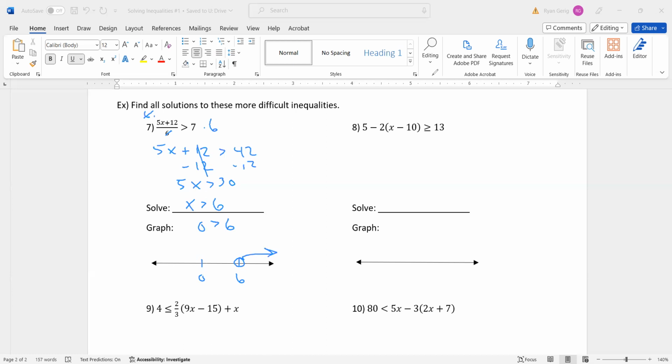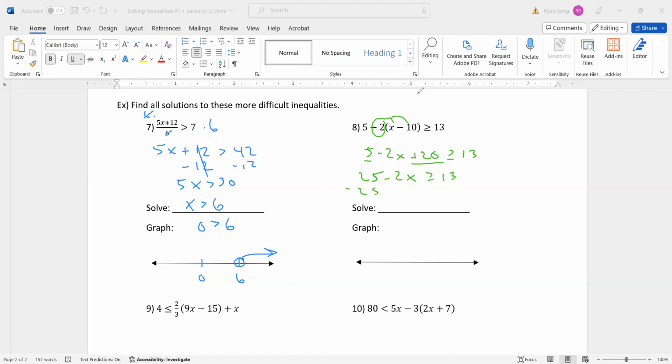Next one has the distributive property in it. So I'm going to distribute the negative 2, just like we did with solving equations. So 5, negative 2x, negative 2 times negative 10 is positive 20. 5 and 20 makes 25. Minus 2x is greater than or equal to 13.